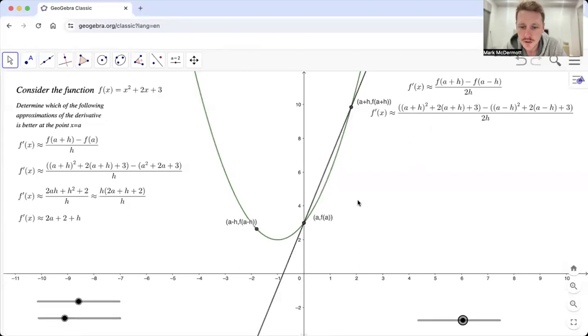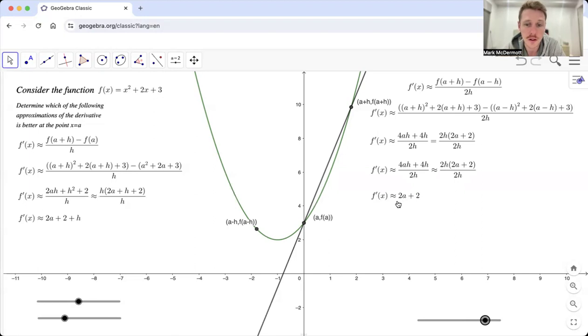I made an error. So if you crunch the numbers on this numerator here, it should simplify to 4ah plus 4h all over 2h. Take the 2h out as a factor, you're left with 2a plus 2. The 2h's cancel out, and you're left with 2a plus 2.